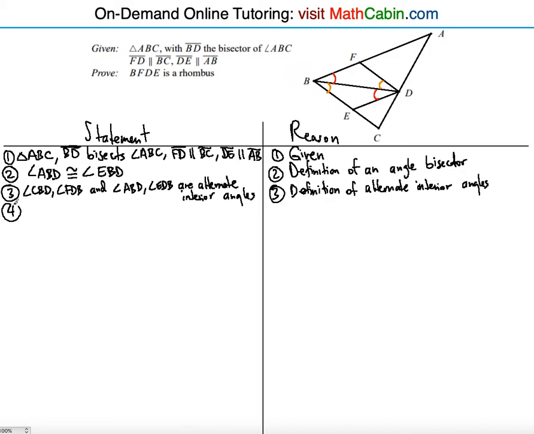So now the fourth statement is to immediately see that these alternate interior angles are actually congruent. And why is that? Because we have two sets of parallel lines being crossed by a transversal line segment. As we know, you can find these really quickly: angle CBD is congruent to angle FDB, and angle ABD is congruent to angle EDB.